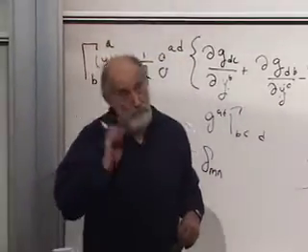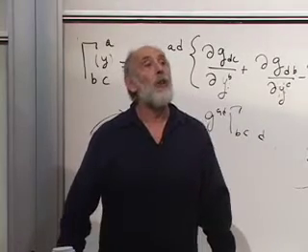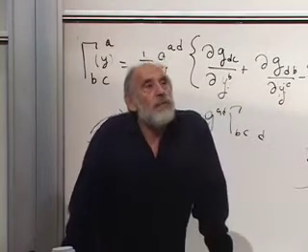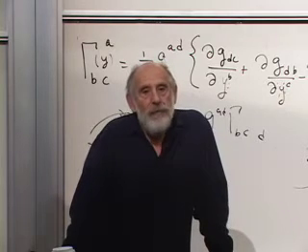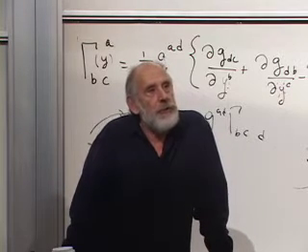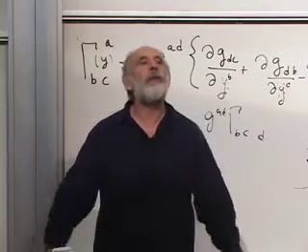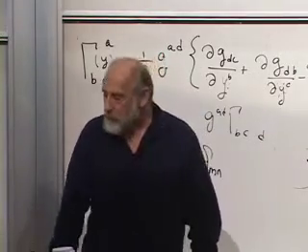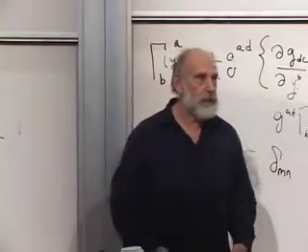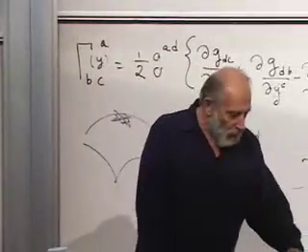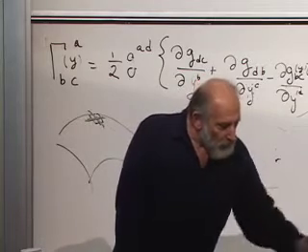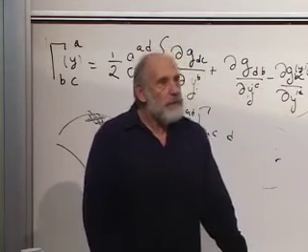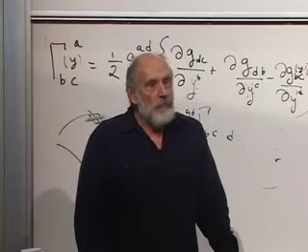Yeah? Is the term external derivative the same as covariant? Say it again? External derivative? I see that. External, you mean exterior derivative? Exterior, yes. Completely different thing. It is a kind of derivative for sure, but the exterior derivative is a tensor.